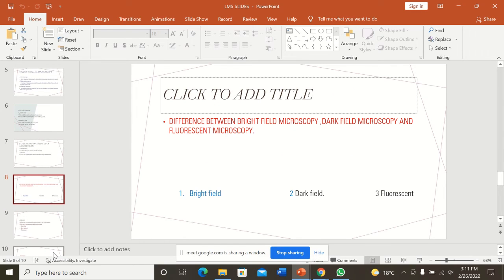Also, we are going to see the differences between bright field microscopy, dark field microscopy, and fluorescent microscopy. Mr. Barasa, can you tell us one difference between bright field and dark field? Yes, Barasa?